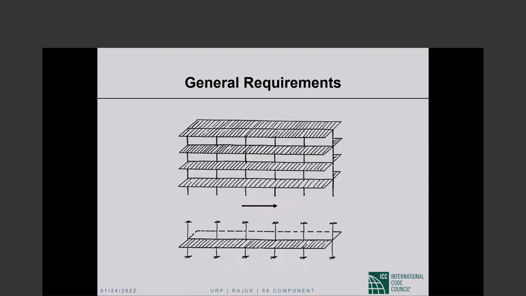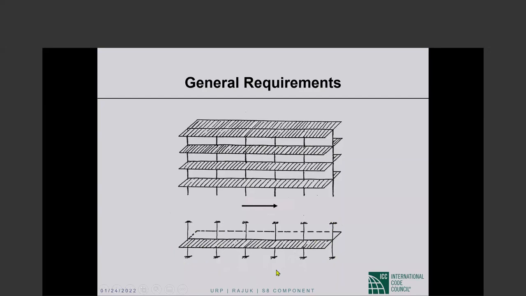The columns above the slab strip will be considered fixed at the upper level, and then the columns below the slab strip will also be considered fixed at one level below. So this is our slab strip at a particular level.